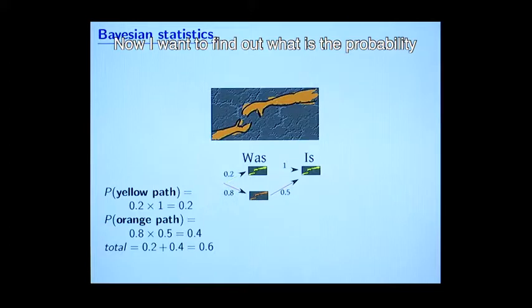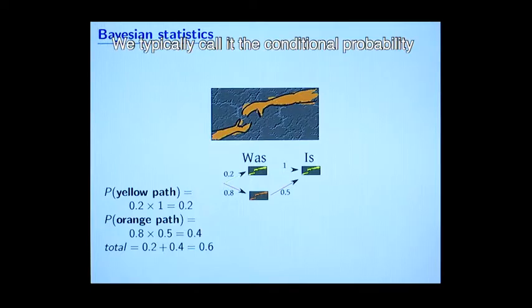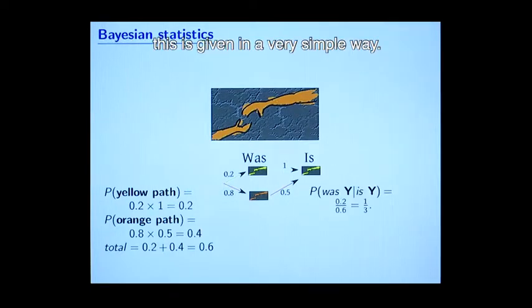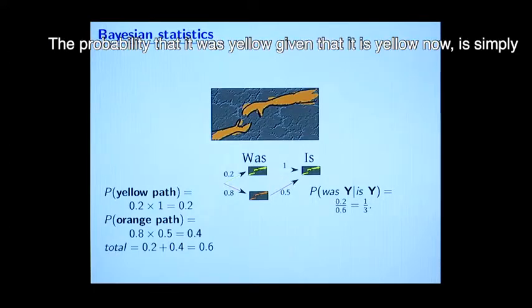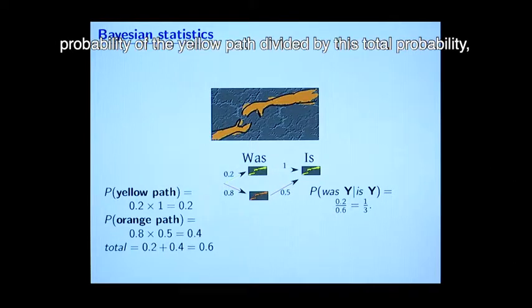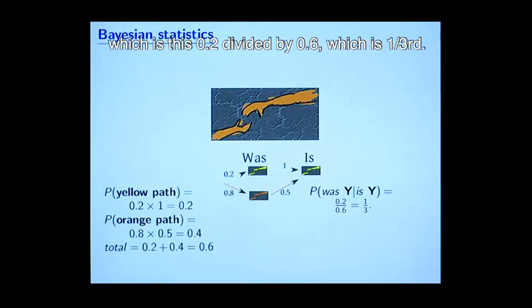Now, I want to find out what is the probability that it actually was yellow. We typically call it the conditional probability. This is given in a very simple way. The probability that it was yellow, given that it is yellow now, is simply the probability of the yellow path divided by this total probability, which is this 0.2 divided by 0.6, which is 1/3.